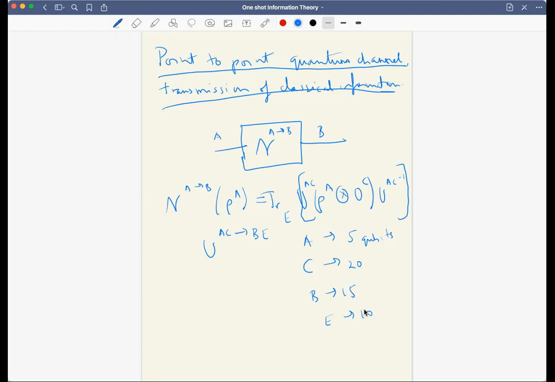This workspace is C. It has added 20 qubits, so now the internals of the channel are working with 25 qubits. It's doing some unitary operation on these 25 qubits. After the unitary operation is done, it takes a different split, 15 plus 10. The first 15 are supposed to be the output, so that will go out to the output wire, and the remaining 10 are discarded.